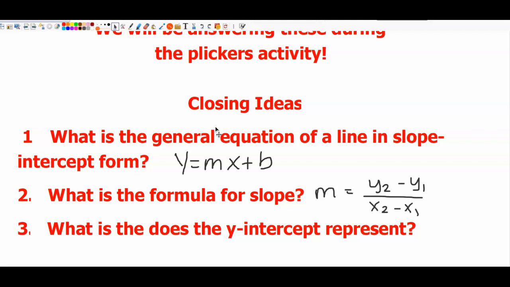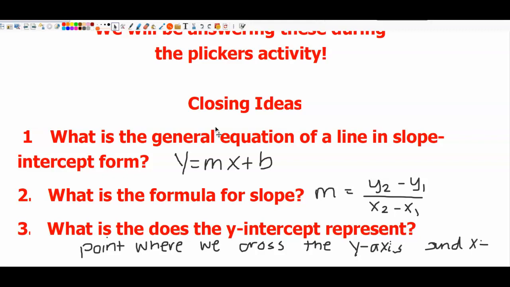You have y2 minus y1 over x2 minus x1. And what does the y-intercept represent? It represents the point where we cross the y-axis and x equals 0.